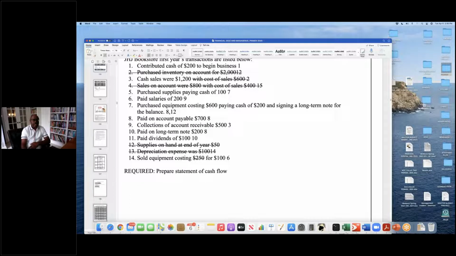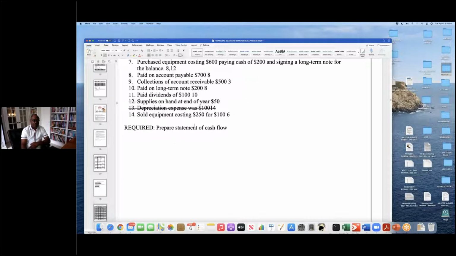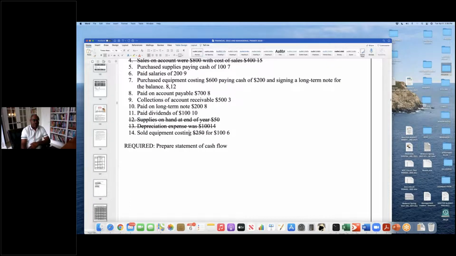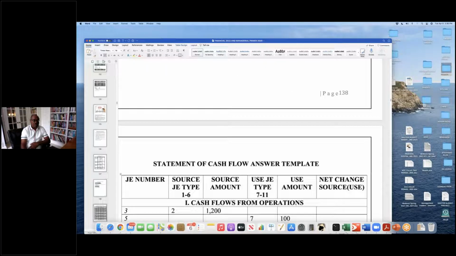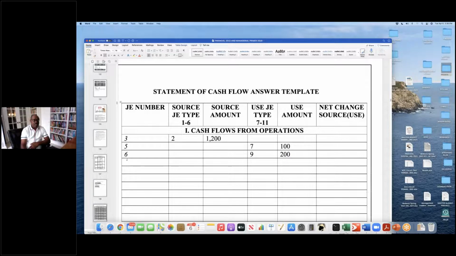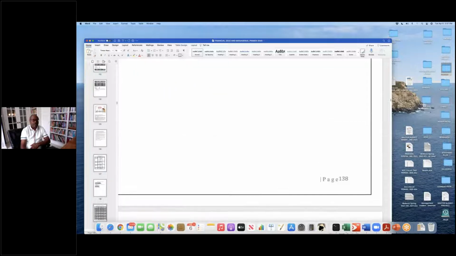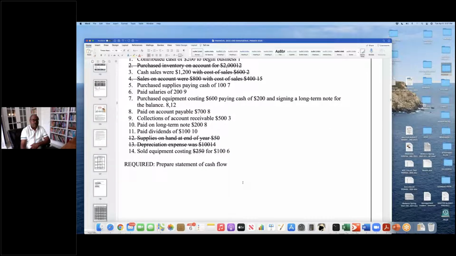Okay, paying on accounts payable $700. So this is transaction 8. Paying on accounts payable $700. That's a type 8. Nine, collection of receivables.